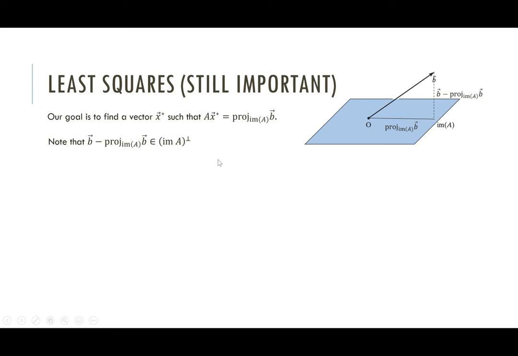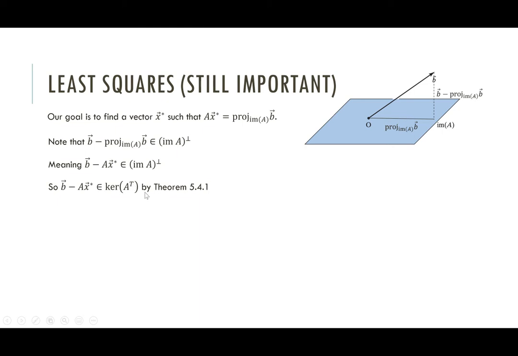So, okay. And now I'm just going to say, remember the projection, it's going to be AX star, and we're looking for X star, so let's replace the projection with AX star. So we have B minus AX star is in the orthogonal complement of the image of A. Now, by that first theorem we looked at, this means that B minus AX star is in the kernel of A transpose.